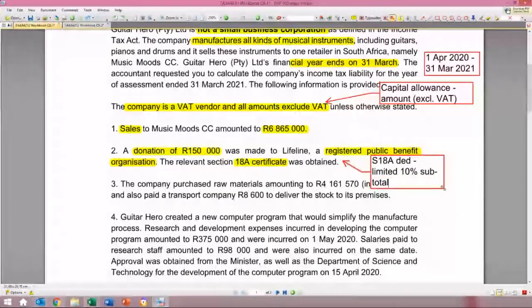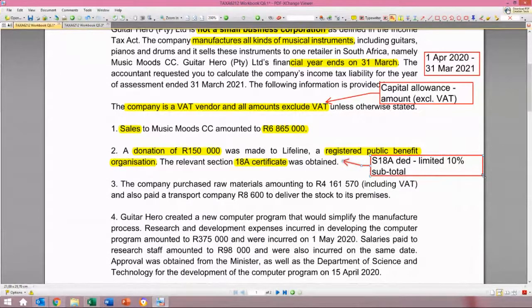This one you will not be able to calculate until you've done the entire calculation, because it is based on your net profit just before that amount. So this one you would have to park up to the end.